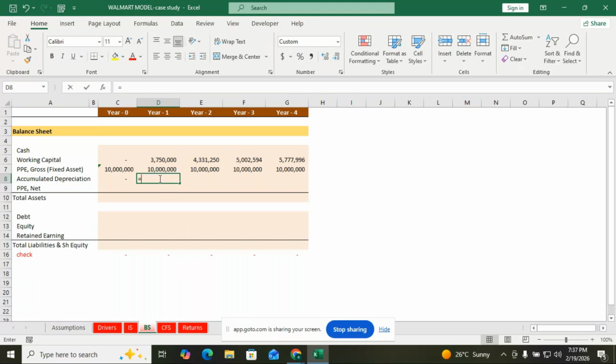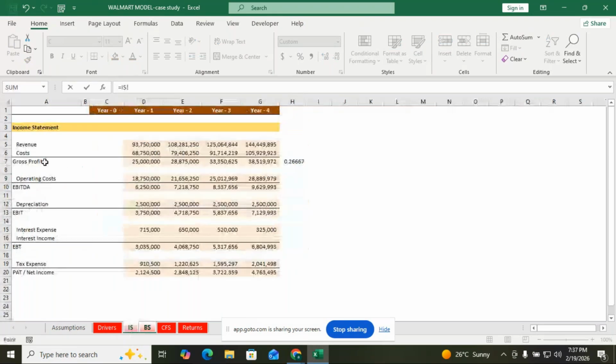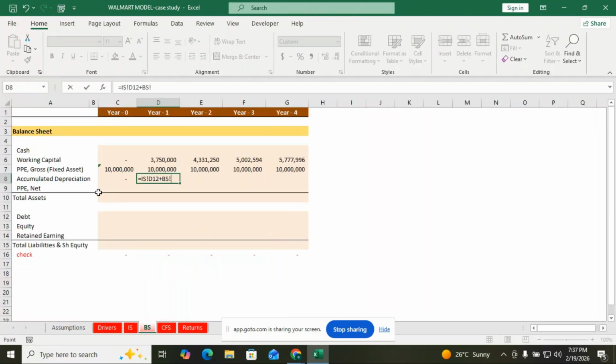Accumulated depreciation equals the current year's plus the previous year's. Where do we get the current year? In the income statement, we have the current year depreciation, plus the previous year's. So come back to the balance sheet. Clear? So previous year plus the current year.